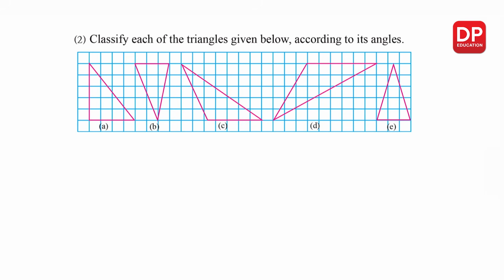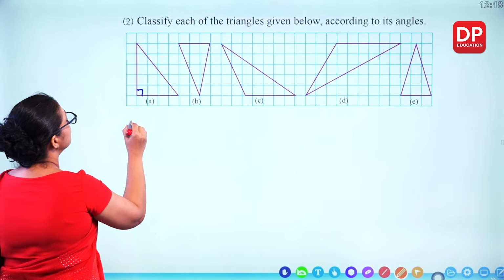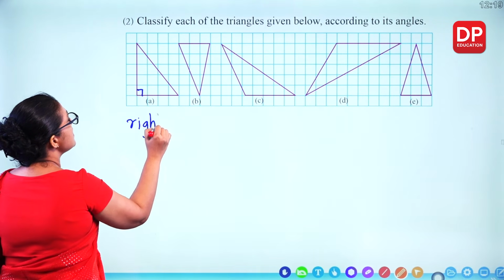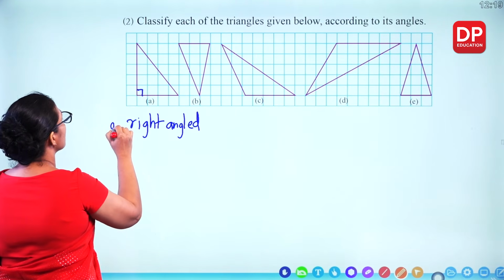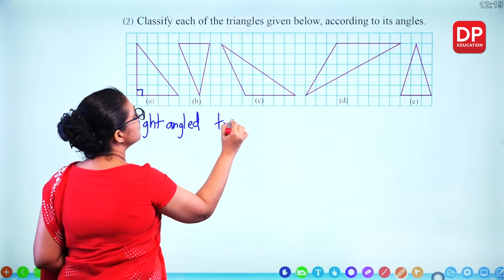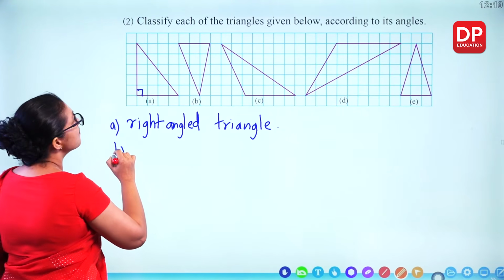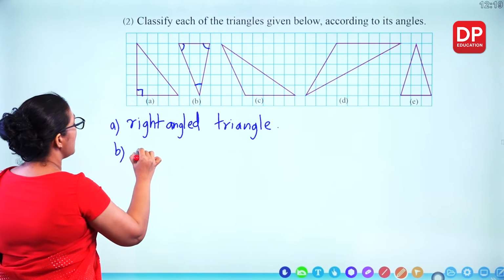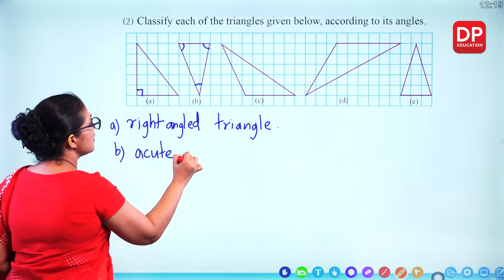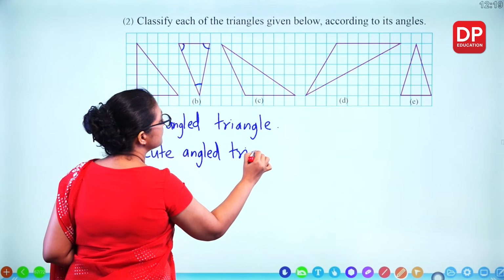Classify each of the triangles given below according to its angles. Here, 90 degrees. Right angled triangle. That's A. B, all acute angles are there. Acute angled triangle.